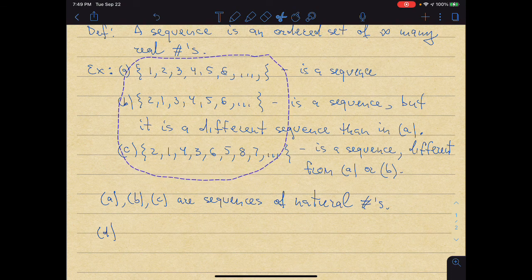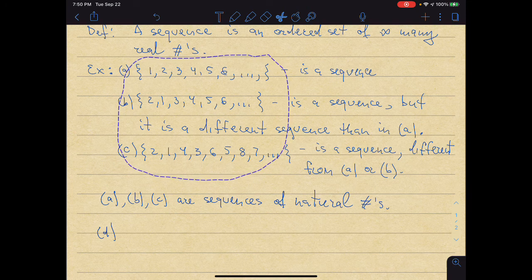In the case A, it's clear that you just list all natural numbers in order. In the case B, it already is not so clear, but if I say that the first element is 2, the second element is 1, and then sequentially I'm going to list all natural numbers starting from 3, then I define my sequence fully and completely, because I gave you a recipe how to produce all elements of a sequence.